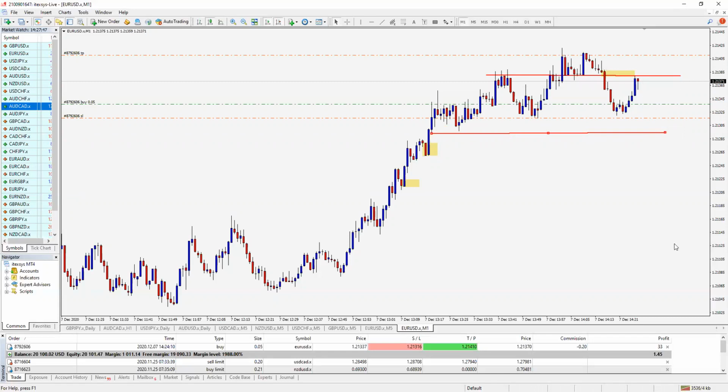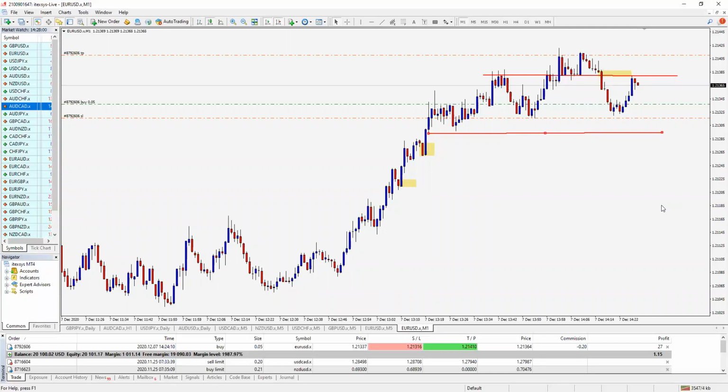That would represent a four pip profit, which might sound like little, but believe me, if you can consistently take 3 or 4 pips of profit from the markets, if you're trading the 1 minute and 5 minute charts, it's easier to expect 3 or 4 pips of profit than 50 or 100.